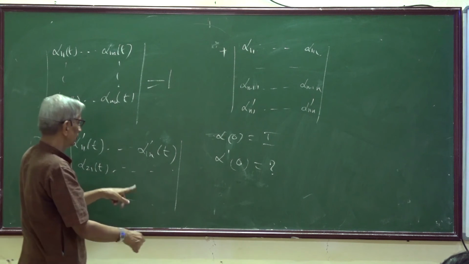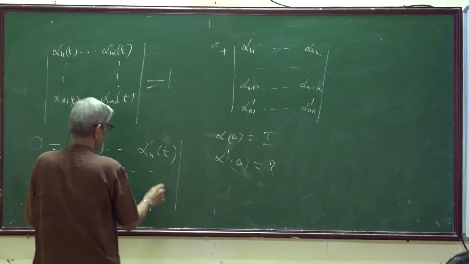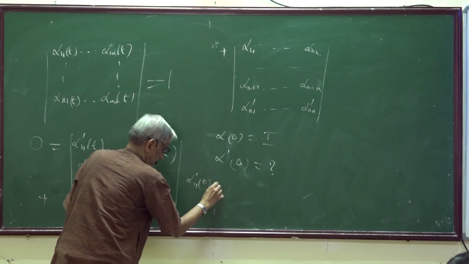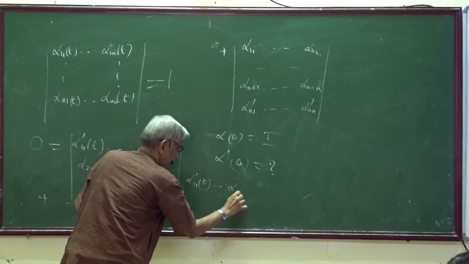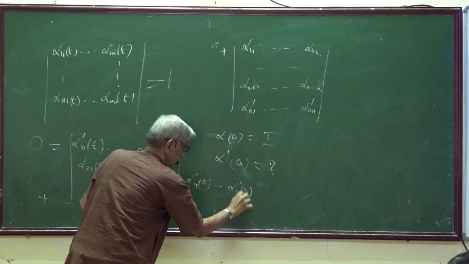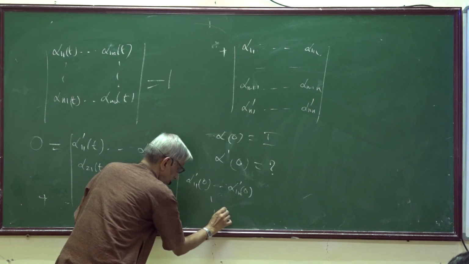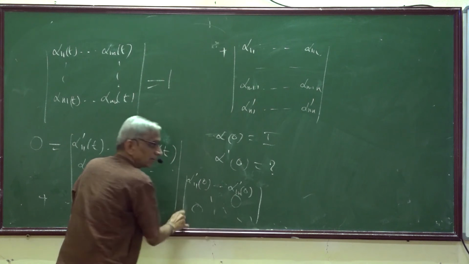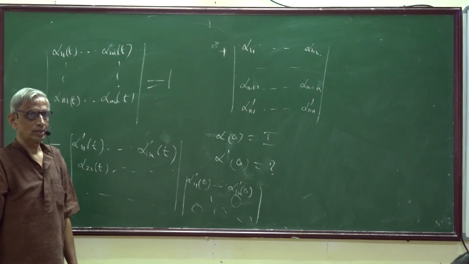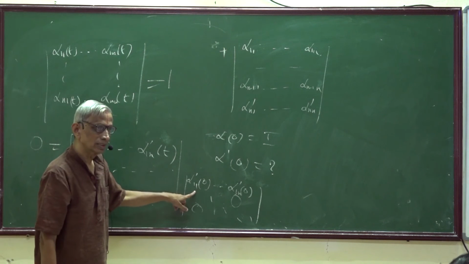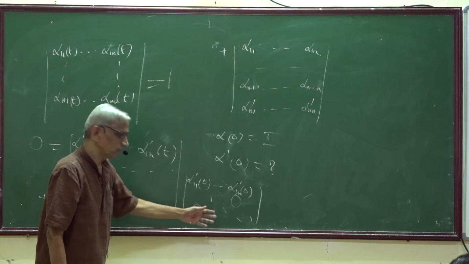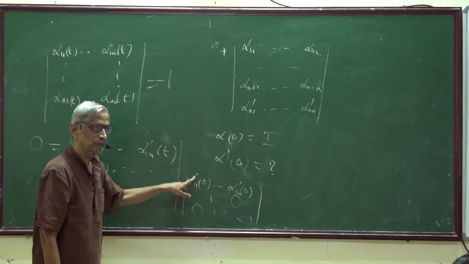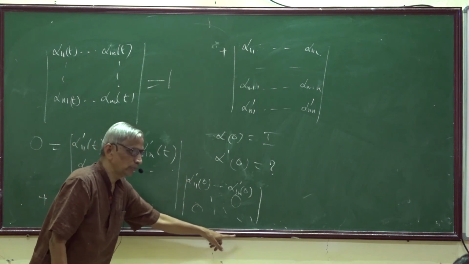So this determinant is of the form alpha 1 1 prime 0, and so on, alpha 1 n prime 0, and then 1 1 1 like that and 0 everywhere else. So this determinant is now a triangular matrix, so just the product of alpha 1 1 prime, 1, 1, 1, 1.